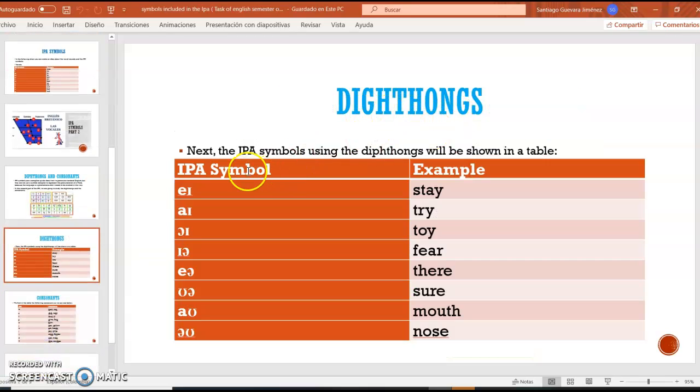Diphthongs. Next, the IPA symbols for the diphthongs will be shown in a table. Ear, stay. I, try.